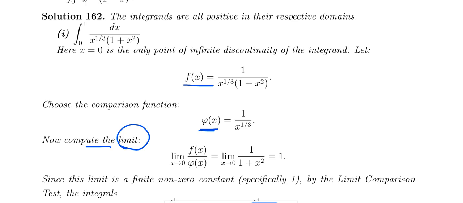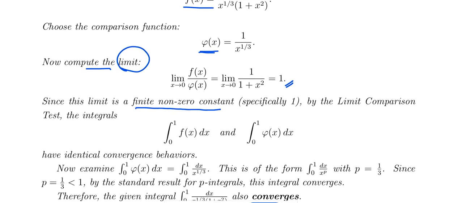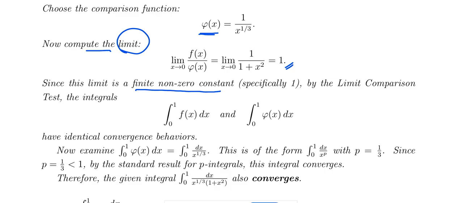So 1 by 1 plus x square gives the value 1. So the limit is a finite, non-zero constant. So by the limit comparison test, the two integrals have identical convergence behavior.